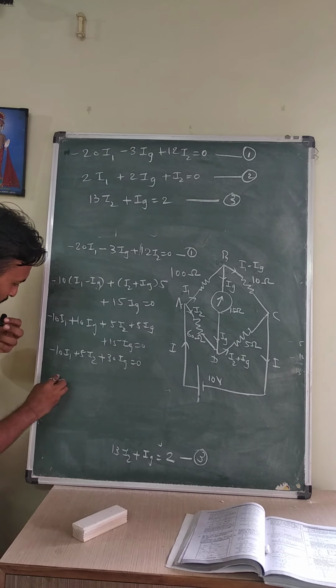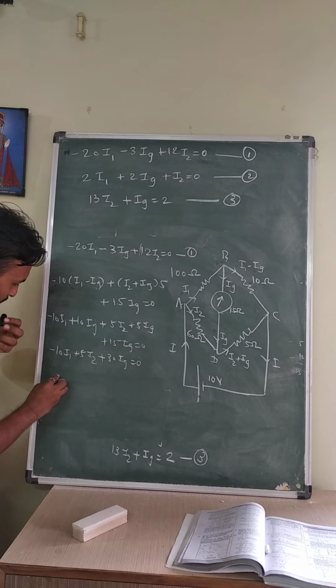So equation 1 and 2: if I multiply equation 2 by 10 and do the addition, equation 1 is minus 20 I1 plus 12 I2 minus 3 Ig equal to 0. I am multiplying equation 2 by 10, so that will be 20 I1 minus 10 I2 minus 60 Ig equal to 0.